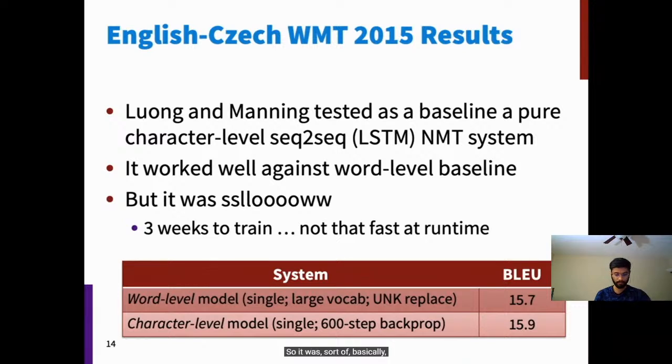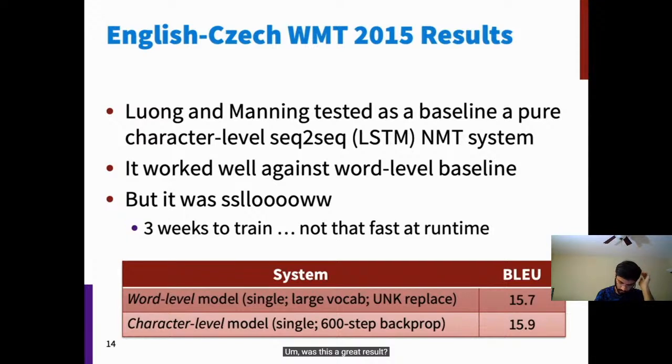So it was basically state-of-the-art neural MT of 2015, and got 15.7 BLEU. The difference isn't big, but we were able to show, look, we could build this completely character level model, and it actually did fractionally better. So this showed that in terms of translation quality, purely character-based models were completely viable at capturing the meaning of text, as well as word-based models.